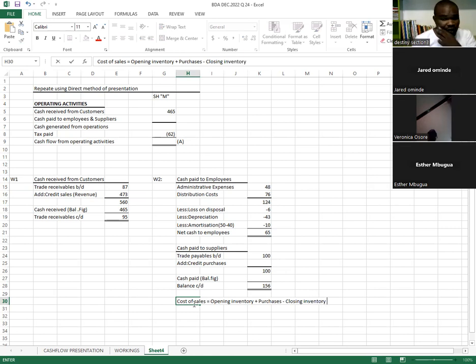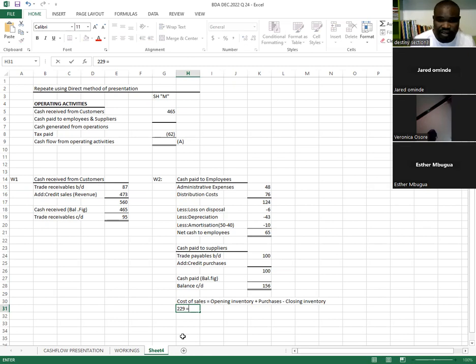This is the formula we are supposed to use, and we are going to assume these purchases are all on credit. So we have cost of sales in our question. Check the P&L: cost of sales is 229.